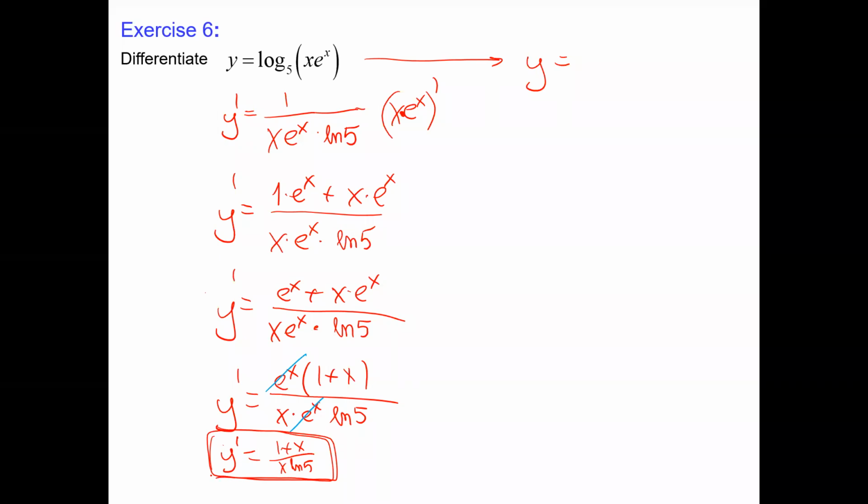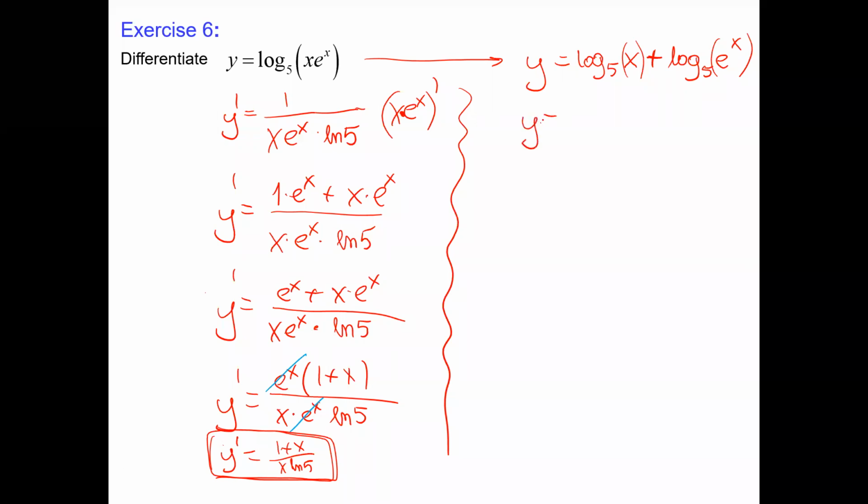However, we may try to split. Maybe we don't have to, but let's. In this case, of course, we have log base 5 of x, and since we're multiplying x and e to the x, this indicates addition. When we're adding logarithms with the same base, we can simply split as addition.